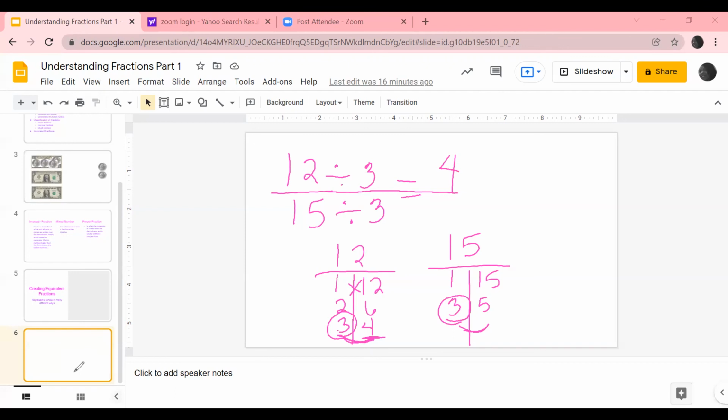And then 15 divided by 3 would give me 5. See how easy that is if I use a T-chart. So 12/15 can be broken down to 4/5.